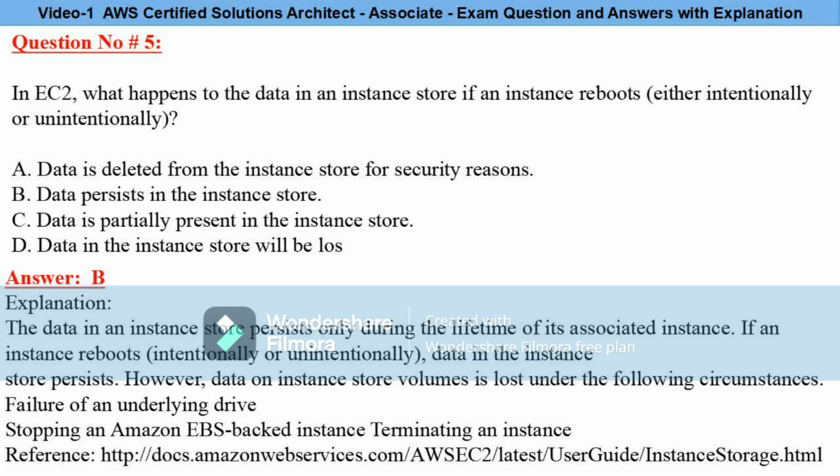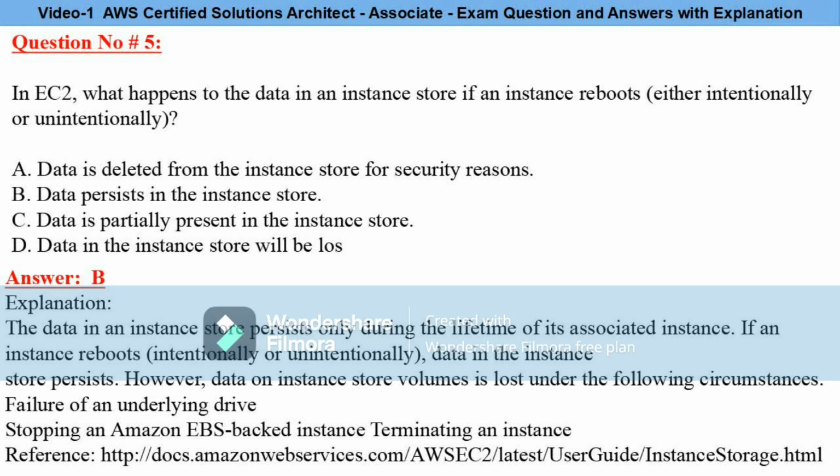In EC2, what happens to data, for example, when your instance is stopped or deleted? The answer is B. Data persists in the instance store only during the lifetime of the associated instance. If an instance reboots, for example, or suddenly shuts down, the data on instance store volumes is lost under the following circumstances: failure of the underlying drive, stopping an EBS-backed instance, or terminating an instance.